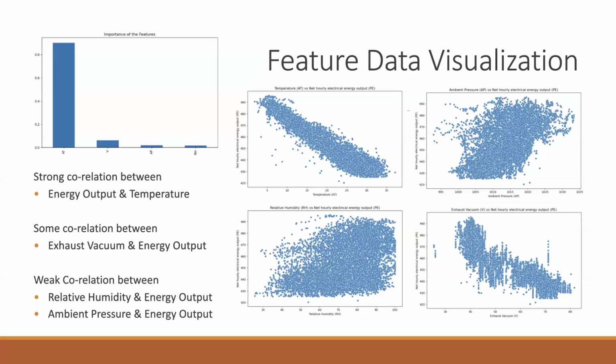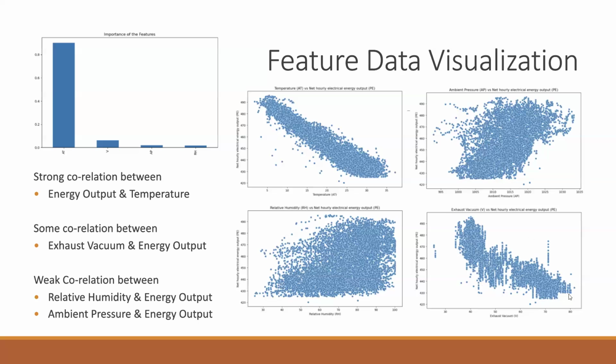And I did the same exercise for the rest of the four, where I figured out that there was less correlation for relative humidity and ambient pressure, but there was some level of correlation, I would say. Somewhere in the mid size, I would say, correlation for exhaust vacuum and energy output.